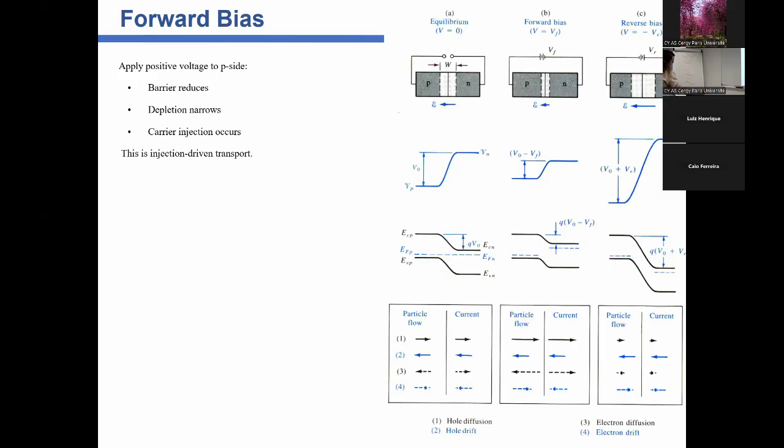Even if there is any difference in the charge space distribution here in the interface, the lowest movement of the charge will be in this direction. So in terms of the hole drift, not diffusion, will be on the left side, and the electron drift will be on the right side.